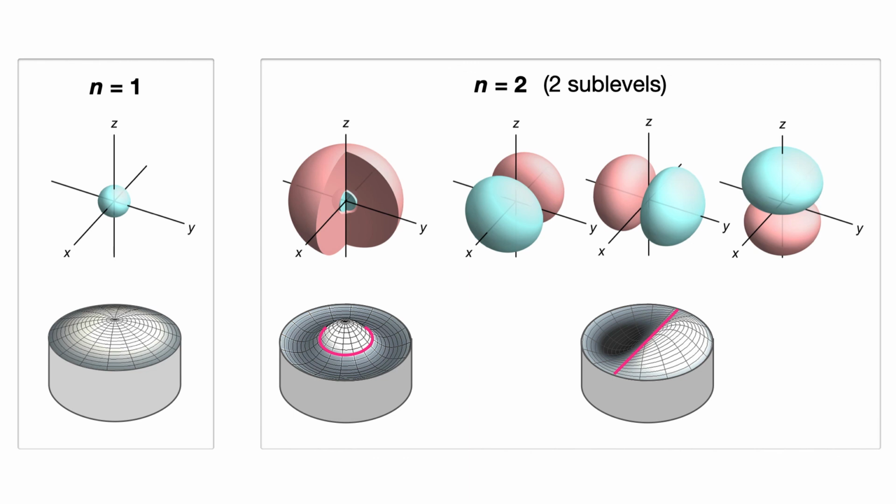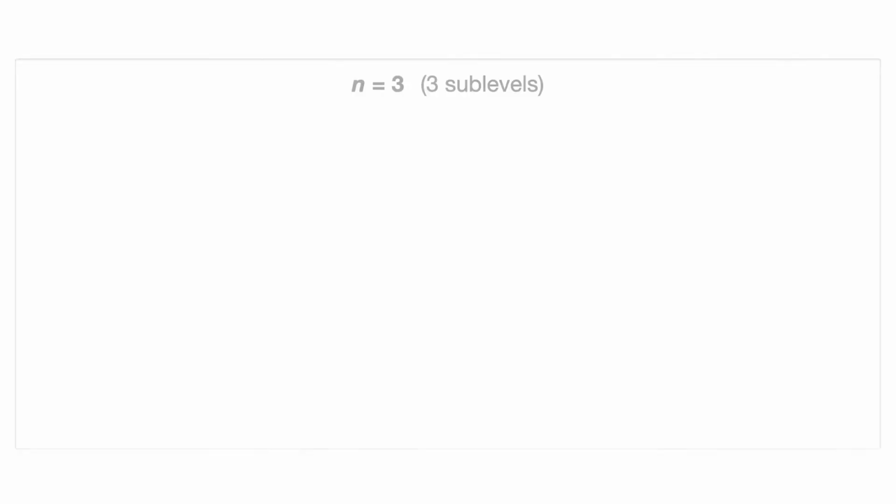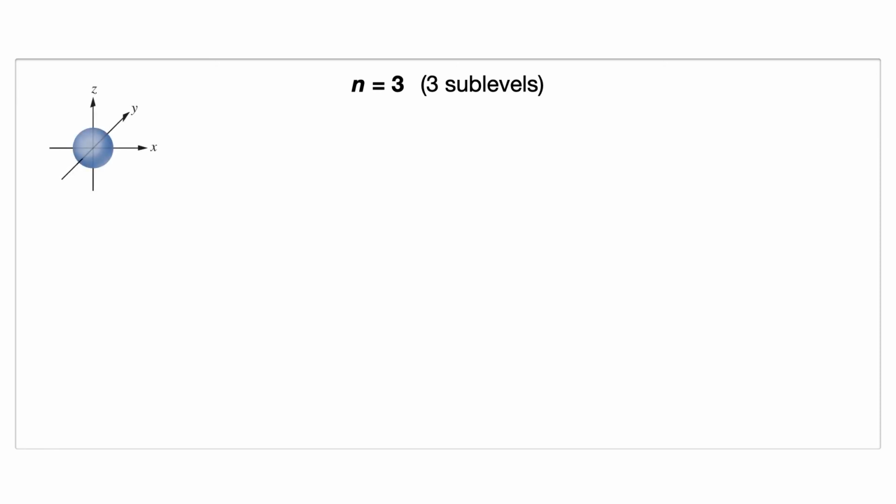Now, when you get to the third energy level, there are 3 patterns of the wave, and these are referred to as sublevels in the third energy level. So one type of wave pattern has this sort of spherical shape, and there's internal structure that I'm not going to get into because visually it becomes very complicated.